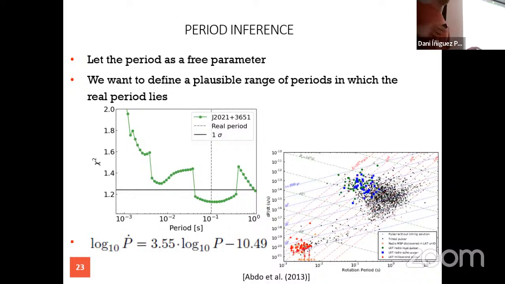So what we did was look at the typical diagram of gamma-ray pulsars, these squares and triangles, and we saw a kind of correlation, and we did a linear regression in order to have the period derivative as a function of the period, so that for each period of the grid, a value of the period derivative could be obtained, and with the period of the grid and the period derivative from this expression, the spectral fitting could be done for each period of the grid.